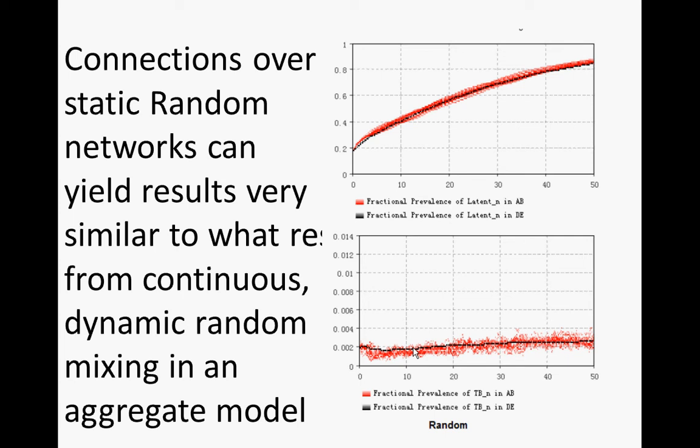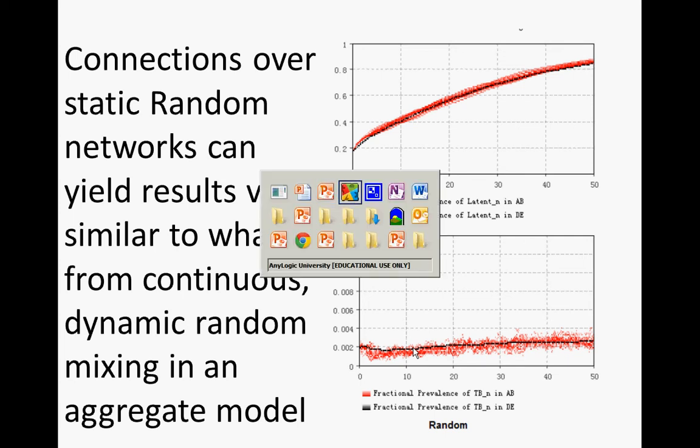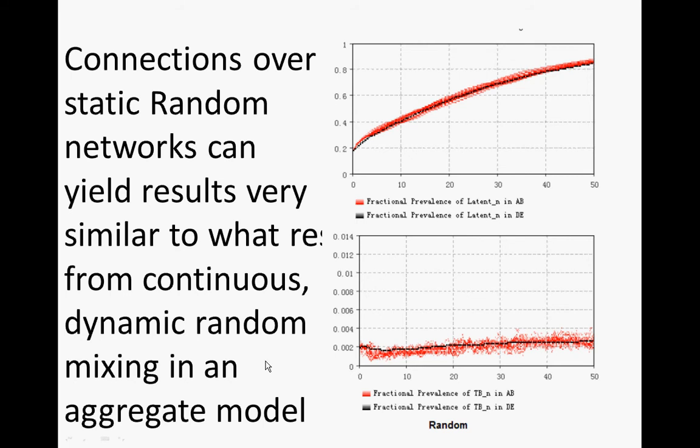Well, it turns out that if you want to simulate random mixing of this sort within a network context, if you want to impose a network which exhibits this sort of behavior associated with random mixing, a random network, a Poisson random network, will do a pretty good job in many cases.